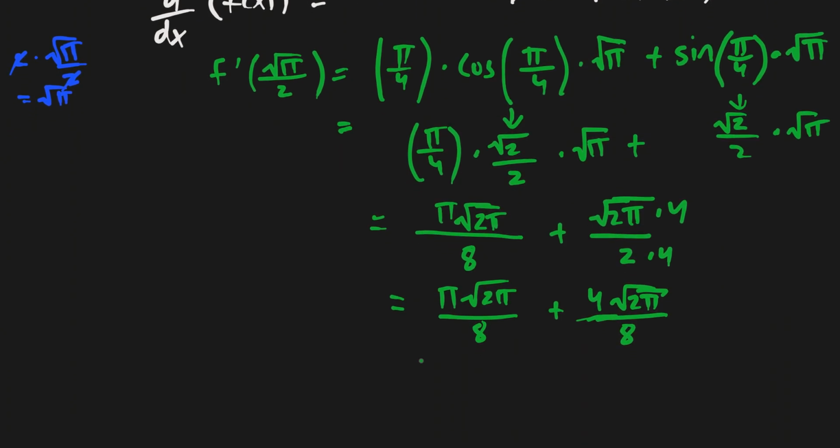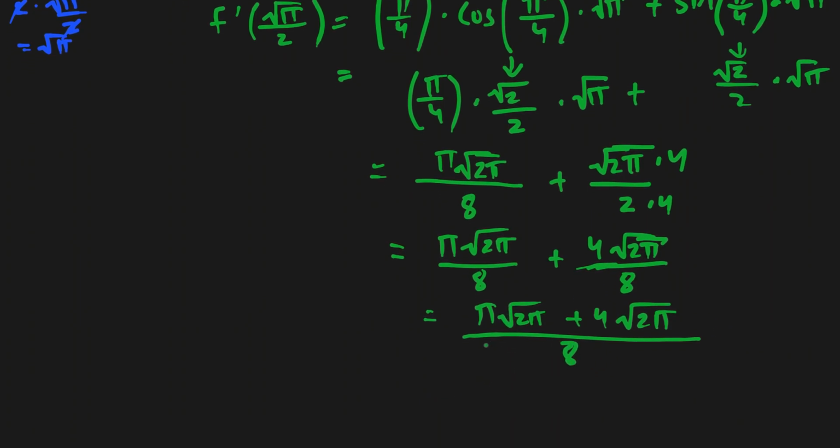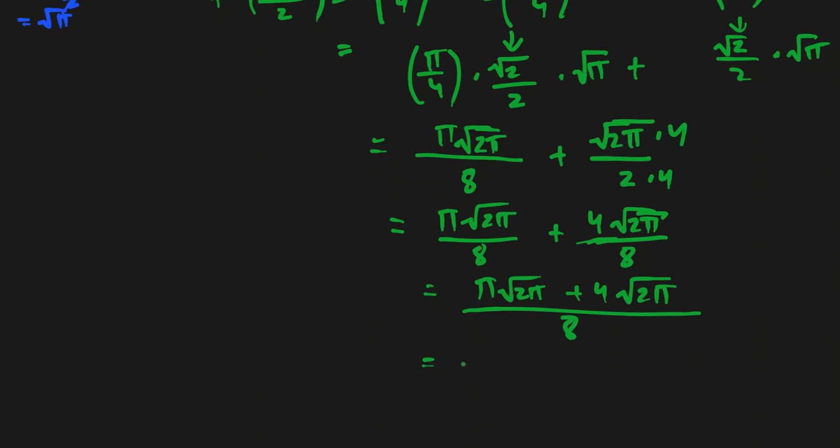And this will become pi times the square root of 2 pi plus 4 times the square root of 2 pi all over 8. We can factor out the square root of 2 pi on both of these. So that is finally going to be equal to the square root of 2 pi times pi plus 4, all over 8.